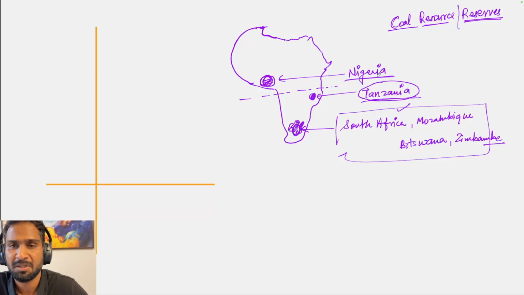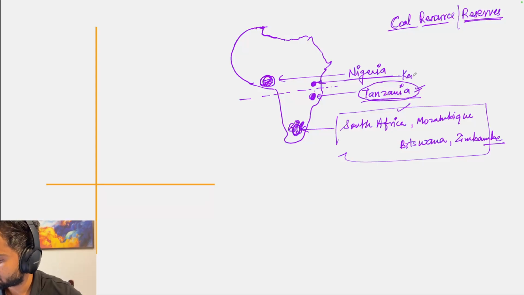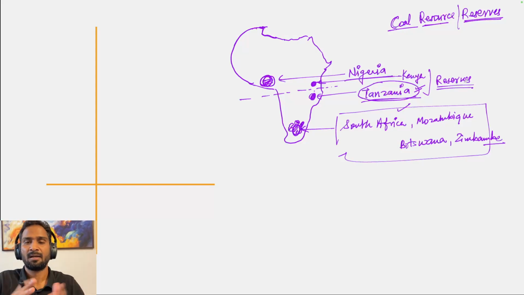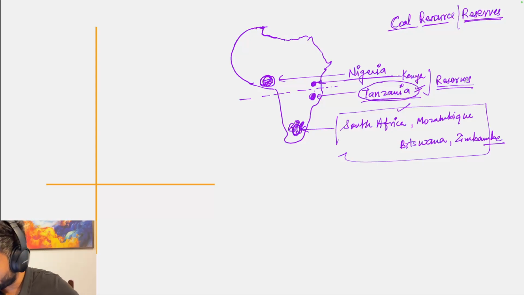So अभी यहाँ production उतना ज़्यादा नहीं है, but यहाँ पे coal reserve significant amount में है. तो तंजानिया, केन्या, if you remember Kenya over here, so they have reserves of coal, but यहाँ production इतना significant नहीं है. Anyway, so next we'll see the oil reserves.